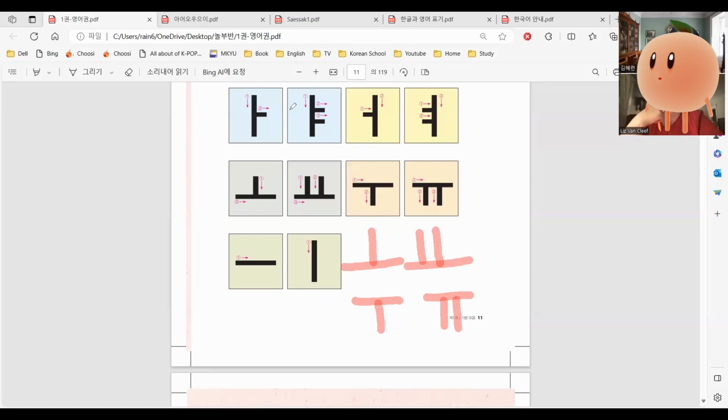Very good question. Because when Hangul was made at that time, actually, we wrote top to bottom. For example, 한글, like that.